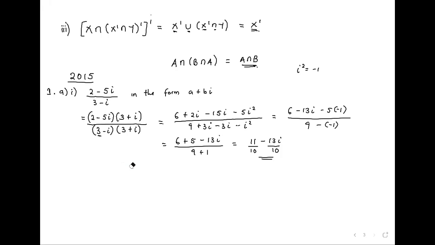Is it wrong to leave the answer as on the second last page? The question says you must leave it in this form. That is what the question says. But there's over 10 there.